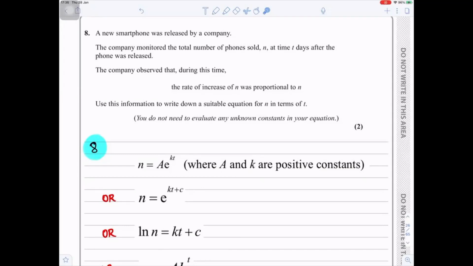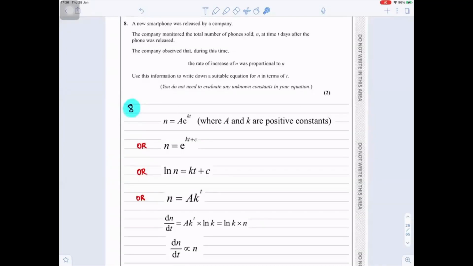Or you can write it as N = e^(kt + c). Or you can write it as ln N = kt + c. Or some people can do it like N = A k^t, and you can note dN/dt = A k^t times ln k, which is ln k times N, and dN/dt is proportional to N. And for this one, you can also expand this to write it as N = e^(kt) times e^c.